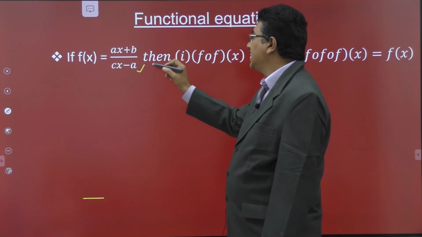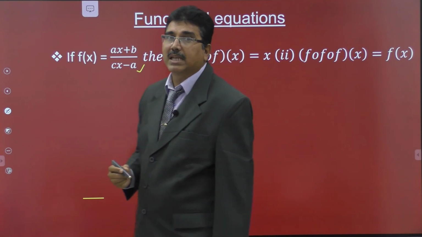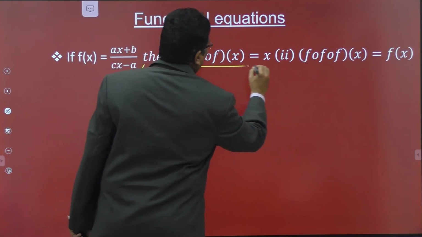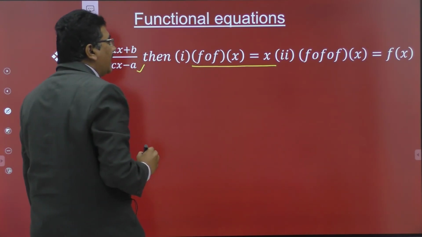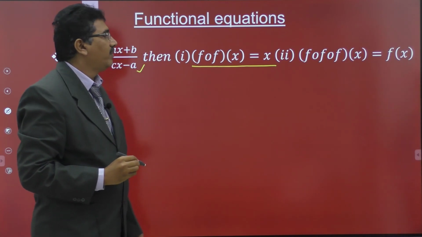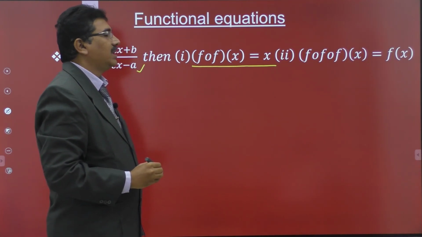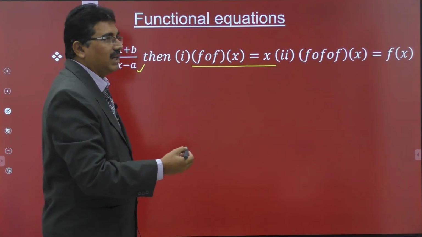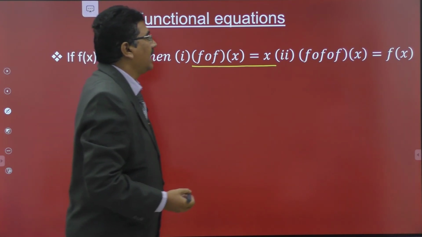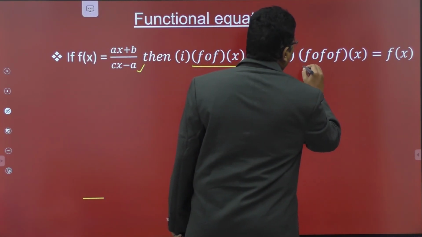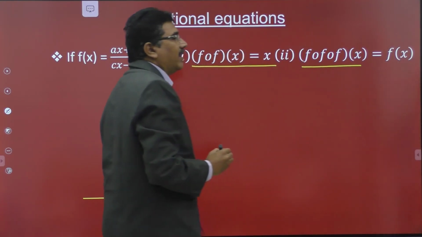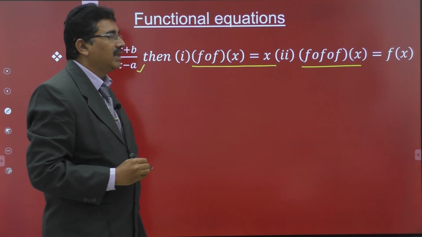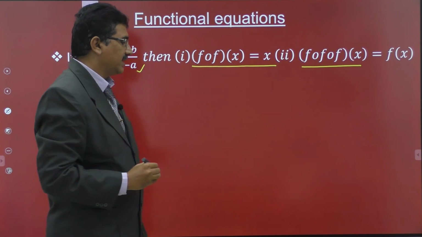If f of x is of this form, then f circle f of x is equal to x. Not only this, if f occurs an even number of times, then f circle f circle f of x is also equal to x. And if f occurs an odd number of times, then its composite function is equal to f of x.